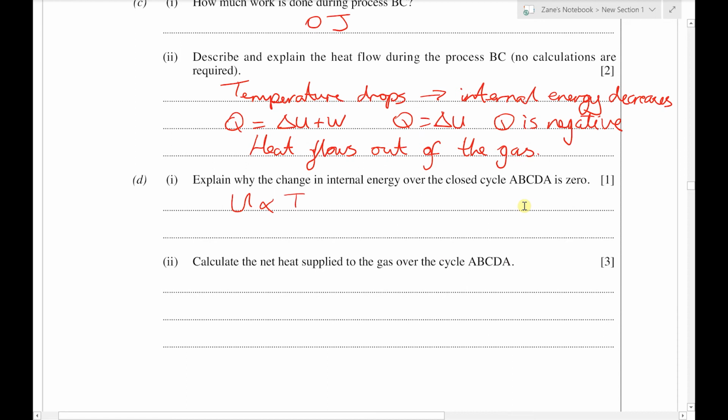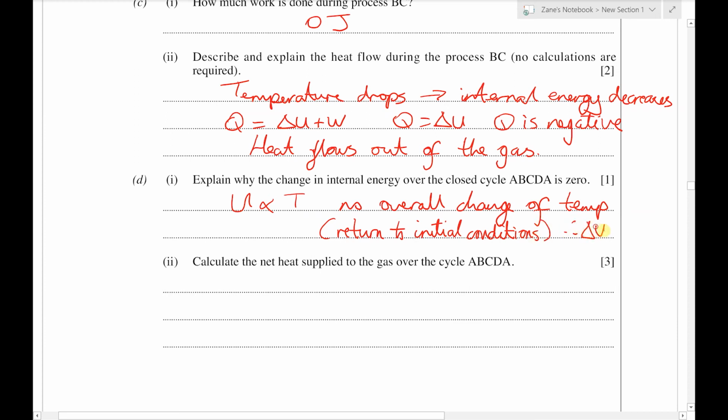So if we start at the same pressure, volume and therefore temperature as we finish at, there's no overall change of temperature, or we return to the same conditions. And therefore delta U will be 0.